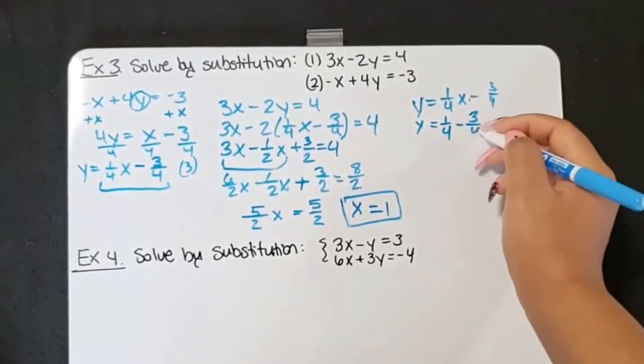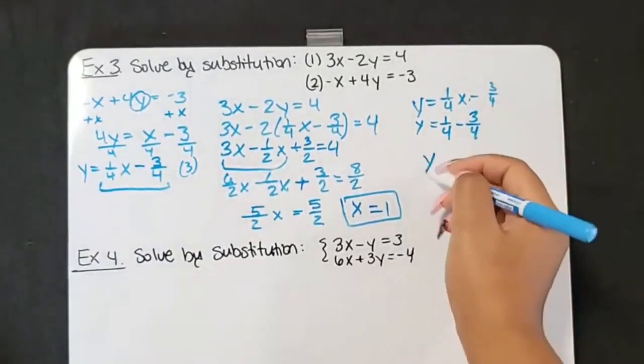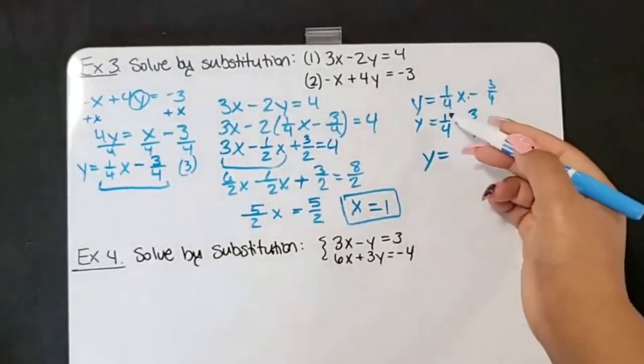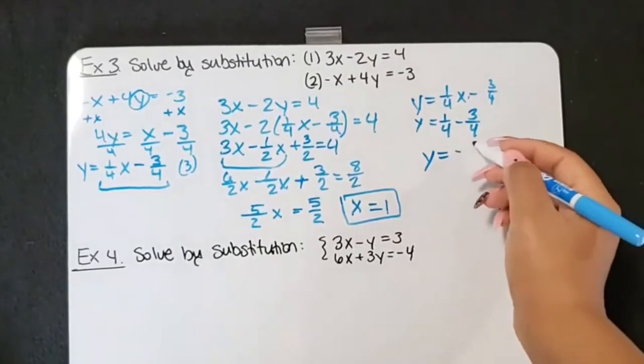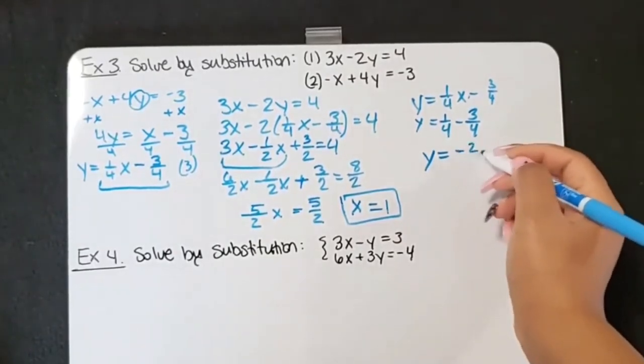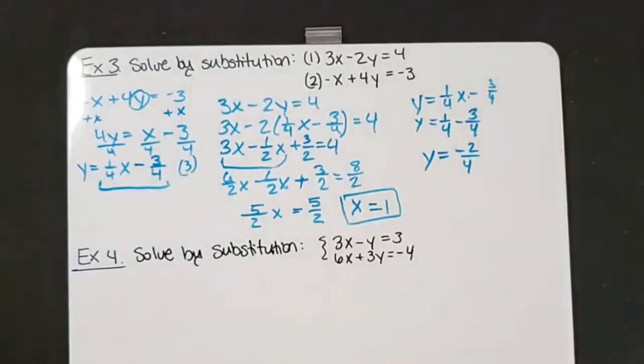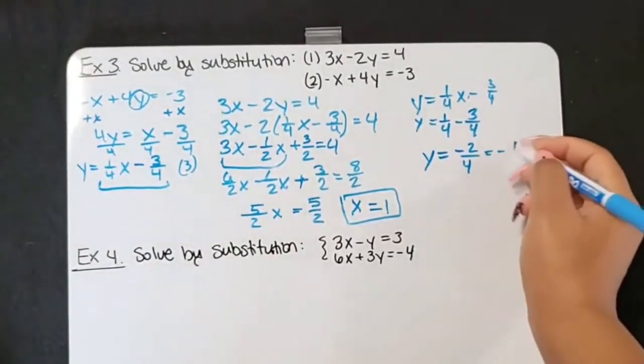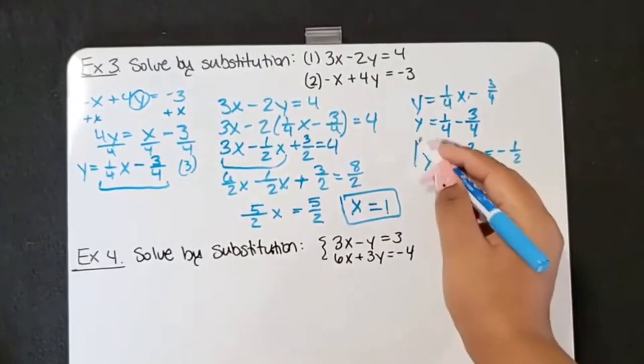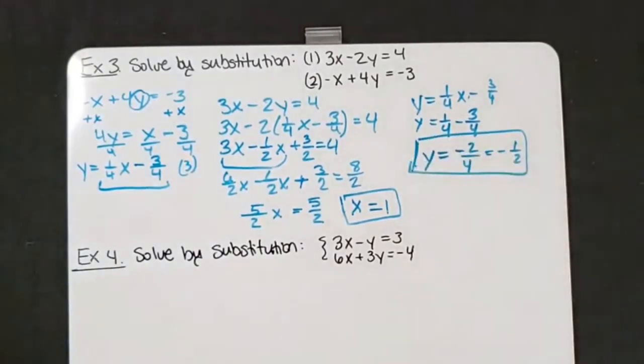Then we have minus 3 over 4. So y equals 1 minus 3, which is negative 2 over 4, which is negative 1/2.